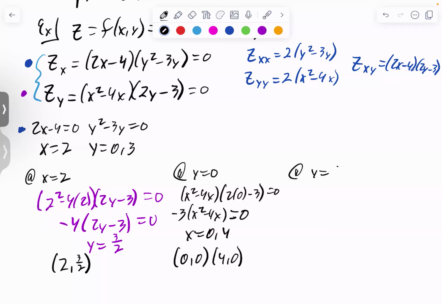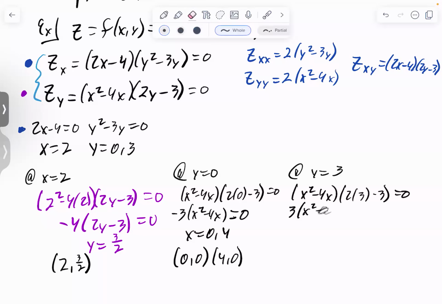And at y equals 3, again, I'm plugging that into the purple there. That's going to give me x squared minus 4x, and then 2 times 3 minus 3. 2 times 3 is 6, 6 minus 3 is 3, so this gives me 3 times x squared minus 4x equals 0, which means x equals, once again, 0 and 4.